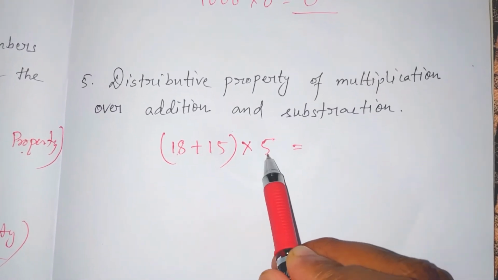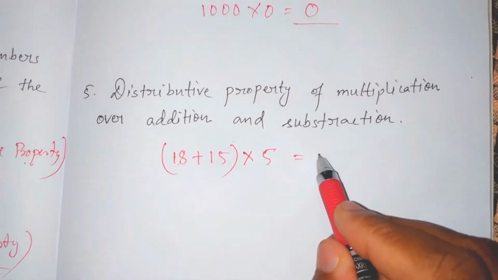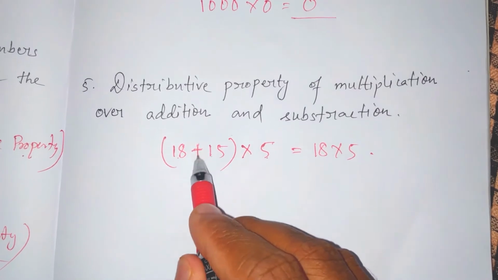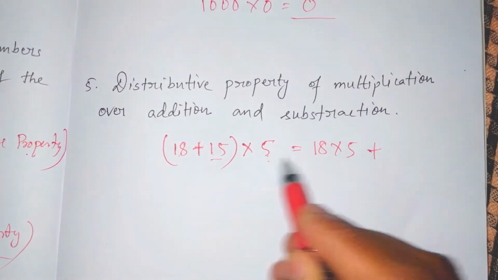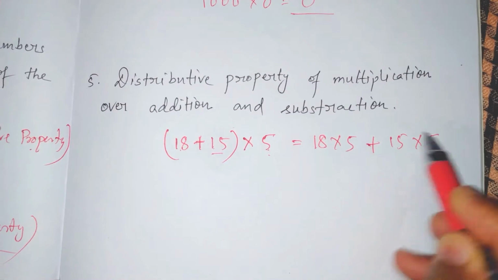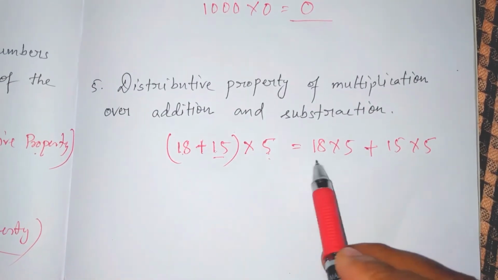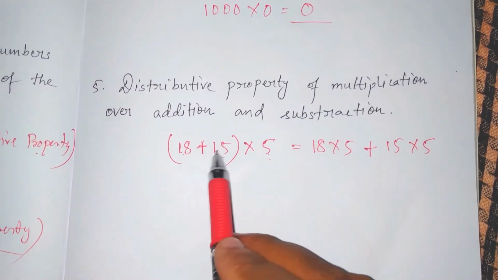So 18 into 5, then plus, then 15 into 5. That means here 18 and 15 are together, and in the next step you have just distributed the 5 to 18 and 15.